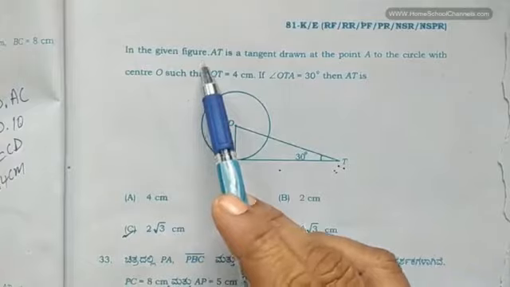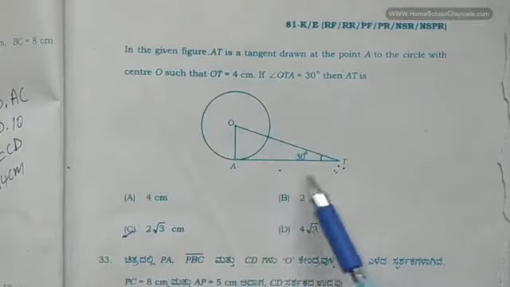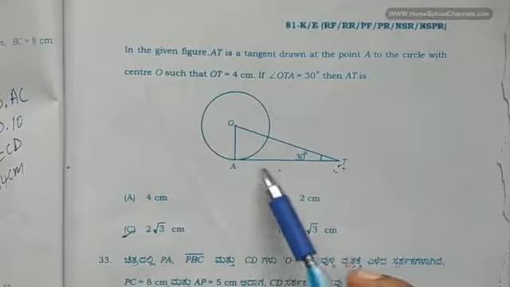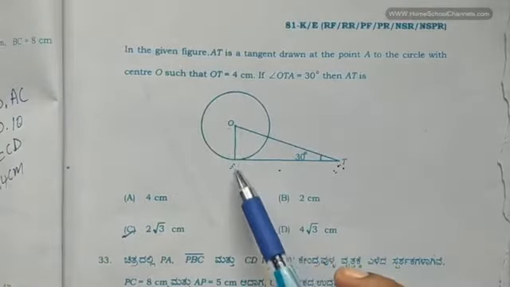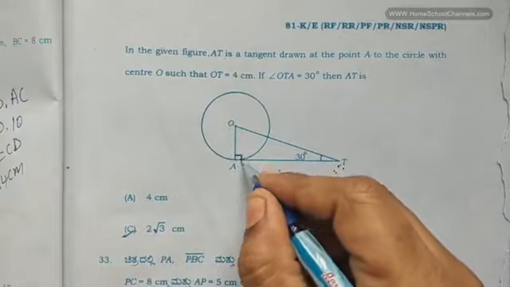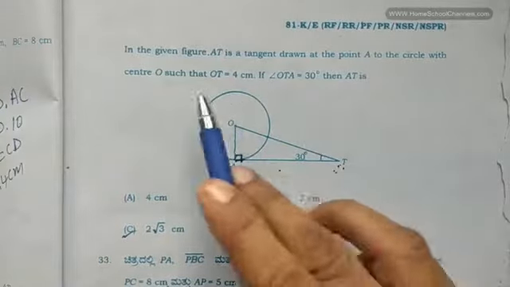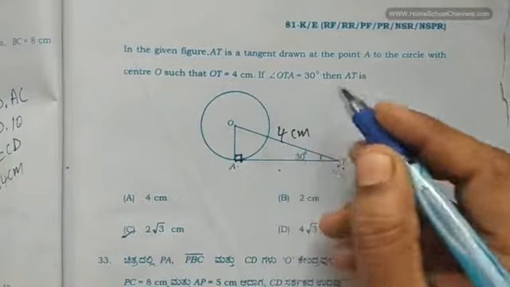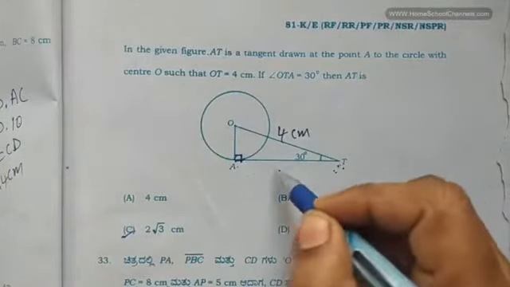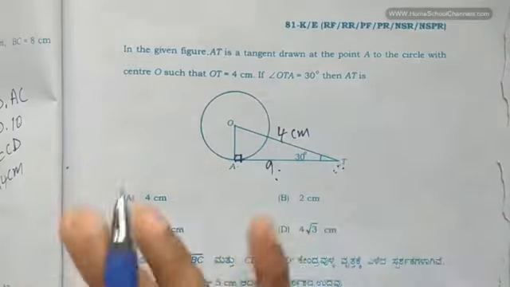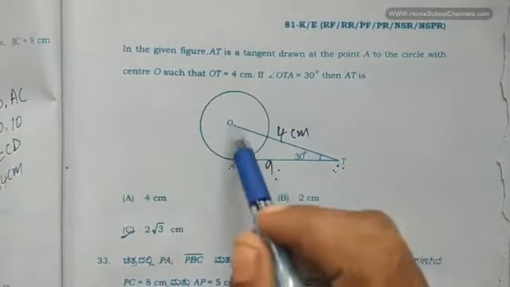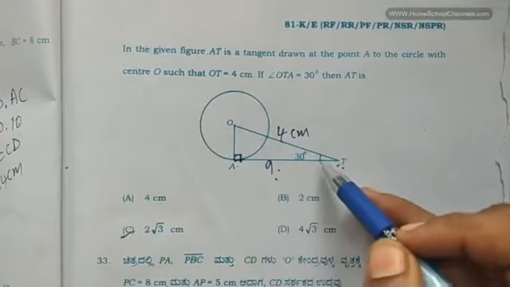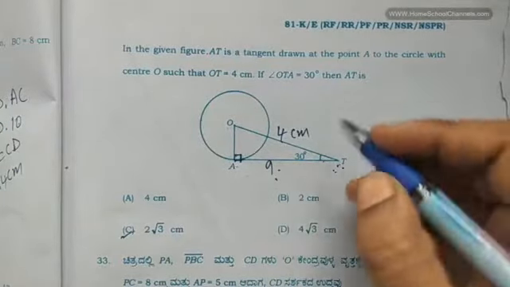32nd one, in the given figure, AT is a tangent. You can see here, AT is a tangent drawn at the point A to the circle with center O. If this is a tangent, this will be perpendicular to the radius such that OT is equal to 4 centimeters. Angle OTA 30 degree. Then AT is, how can you find this? Forget about the circle. This is a right angled triangle, right? When right angle triangle given and one angle is given, you can apply the ratio.